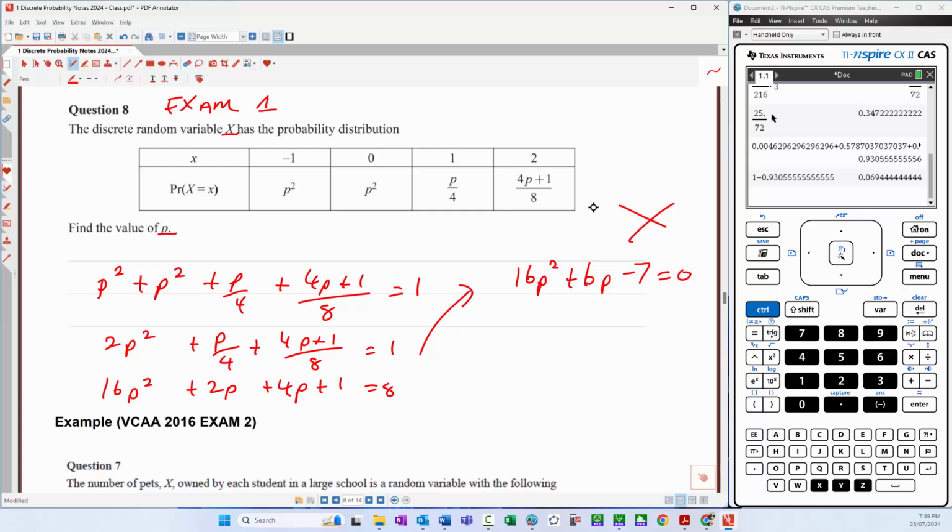So I'm just going to use the cross method and suggest that it would be 8, 2 to get the 16, so 8p and 2p, 14 and so we've got 7 and 1, 7 8's 56, so 7, 1. I think that's it.